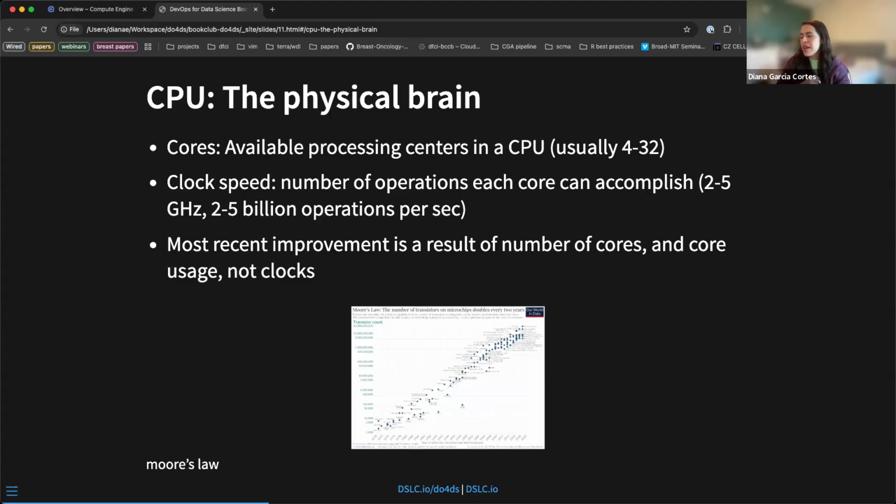The clocks now go from 2 to 5 gigahertz, and that gives us 2 to 5 billion operations per second. The effort to make the clock go faster stopped during the 2010s, the book says. So now our improvements in computational speed come from the number of cores and the core usage, and not from the clocks.